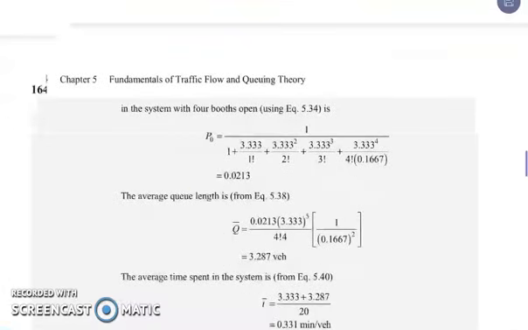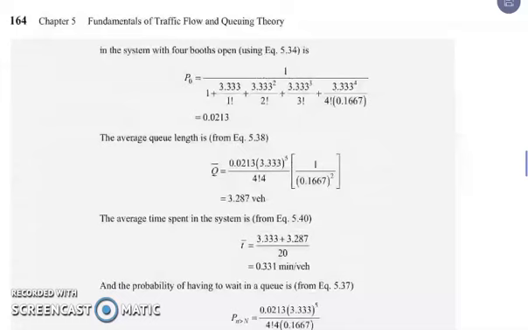We're going to make use of the formula for P sub 0, which is 1 all over the summation of rho raised to n sub c, all over n sub c factorial, where n sub c is equal to 0 up to n minus 1, plus rho raised to n all over n factorial multiplied by 1 over 1 minus rho all over n.